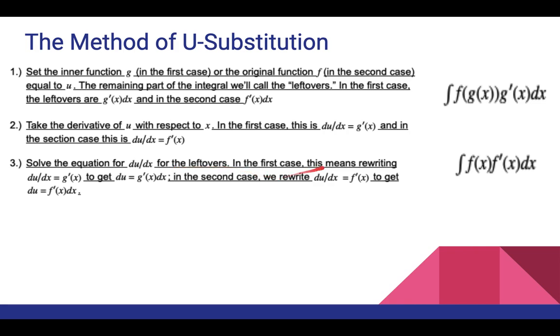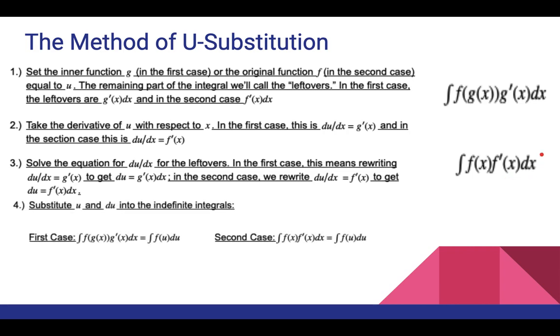So in the first case, this means we're going to rewrite du over dx equals g prime of x to get du equals g prime of x dx. Okay, so we're solving for our leftovers. We want to get g prime of x dx on the right-hand side, since this is our leftover in the first case. In the second case, we're going to rewrite du over dx equals f prime of x to get du equals f prime of x dx, since our leftover in the second case is f prime of x dx.